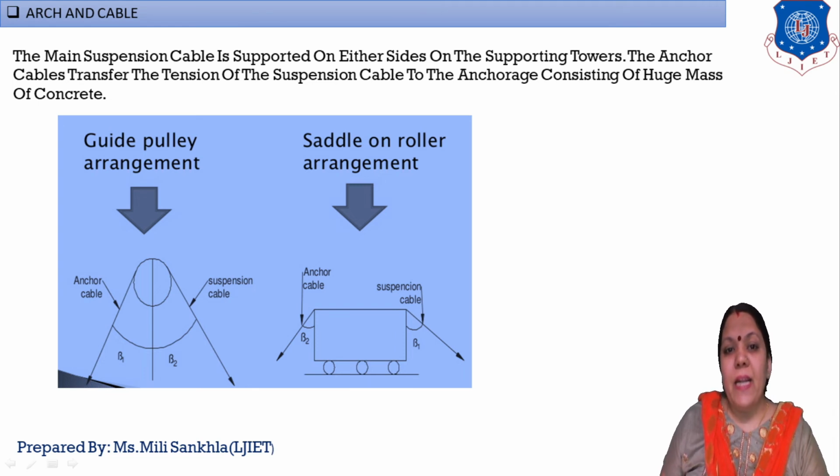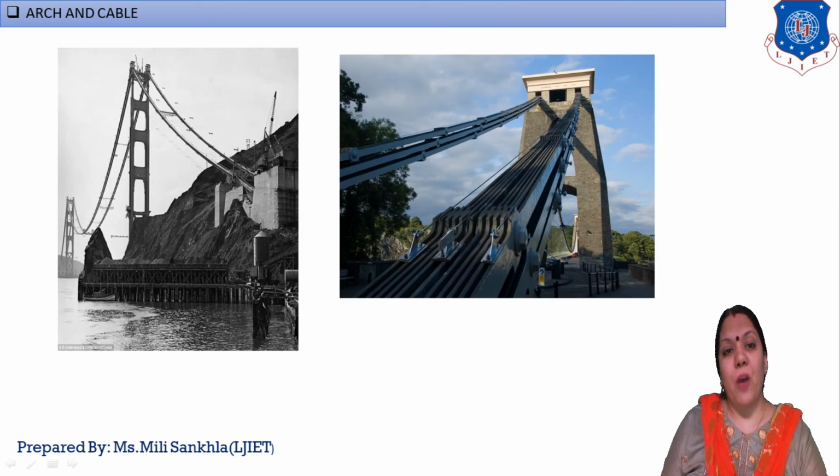For the saddle on roller support, this box is our saddle and the box is mounted on a roller support. Ultimately, this resists the vertical load. The suspension cable makes angle beta 1 and the anchor cable makes beta 2, and the suspension cable and anchor cable induce tensile force.